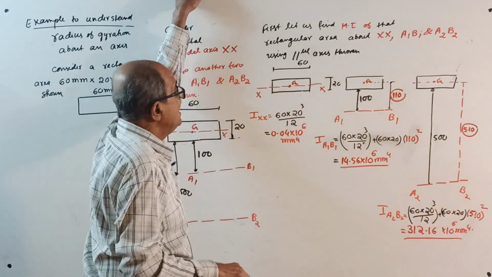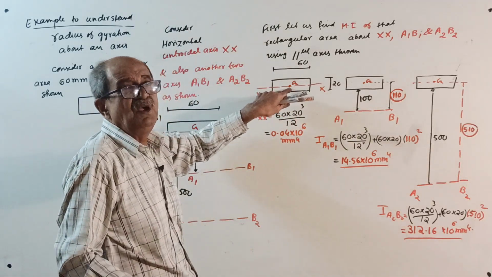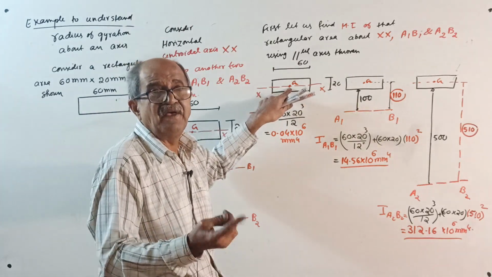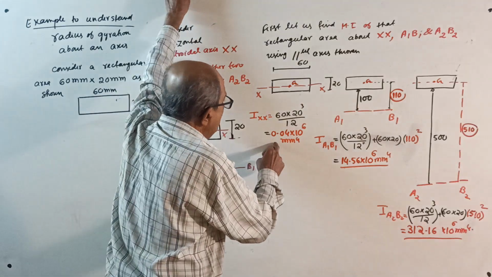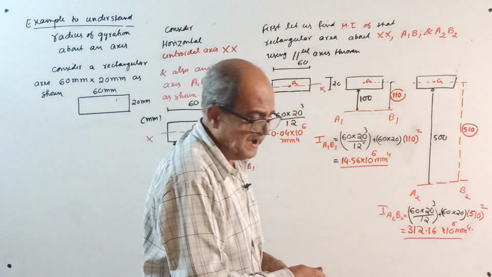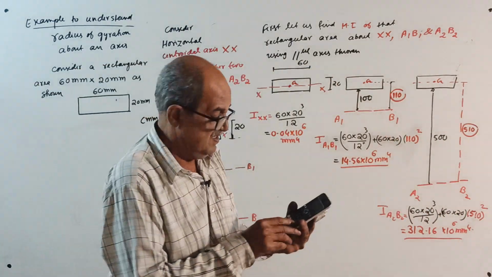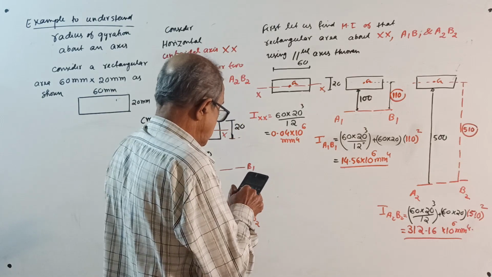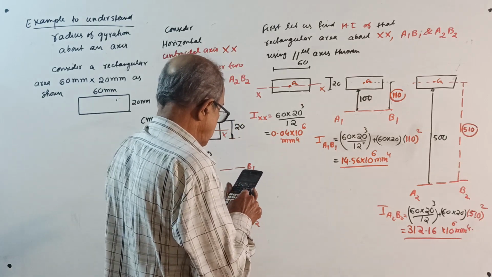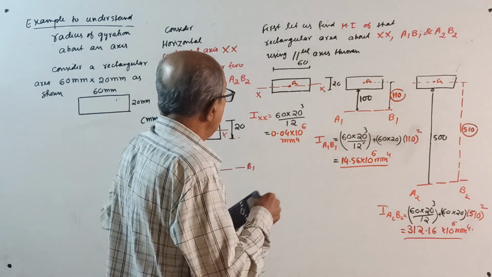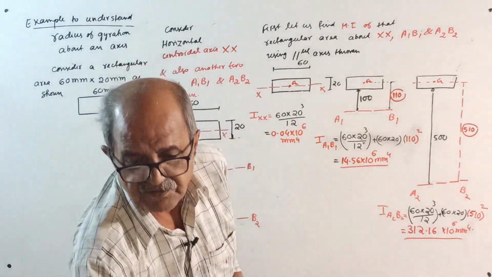That's all. Area into 0 square. Why? Because your x-axis is also the centroidal axis. Answer is 0.04 into 10 to the power 6. Is it correct? Let me check on the calculator: 60 into 20 cube divided by 12 divided by 10 to the power 6. Yes, 0.04, correct, into 10 to the power 6.